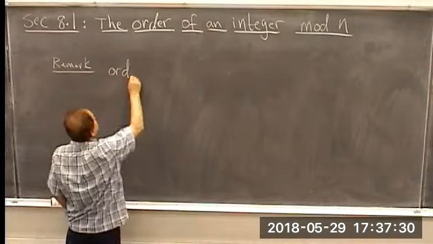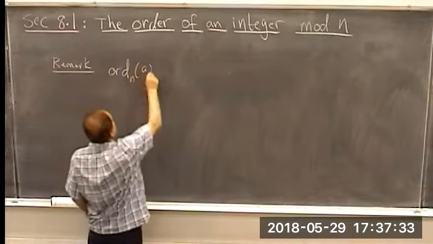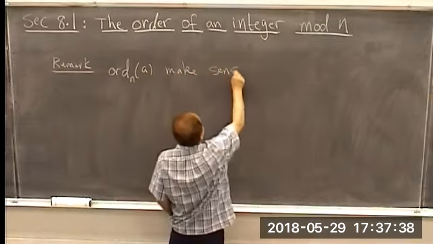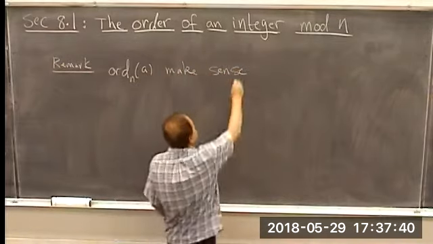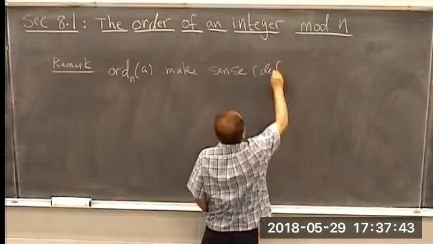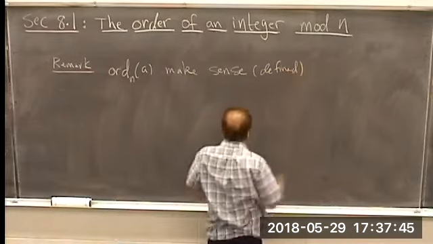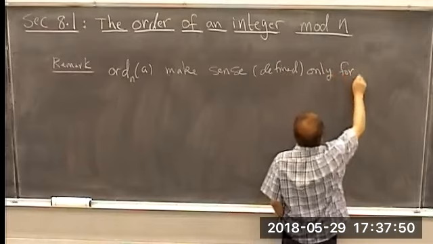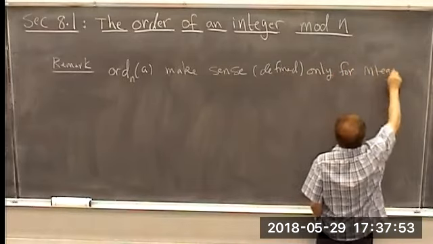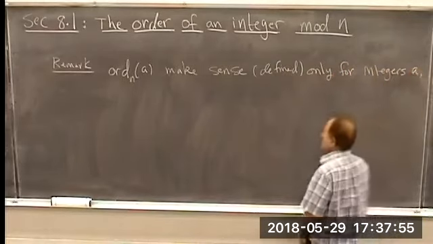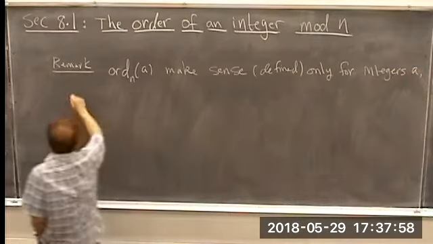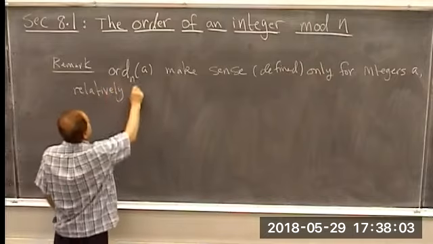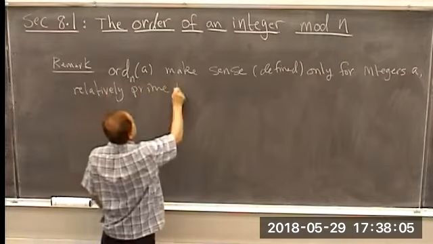The order mod n of a makes sense, or is defined, if you wish, only for integers a relatively prime to n.